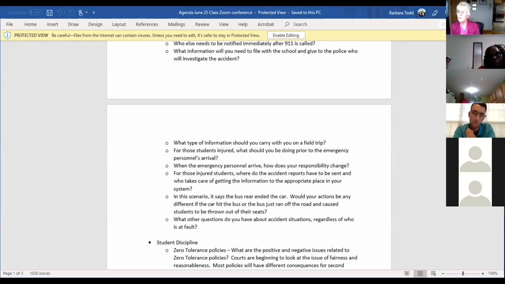Now, if someone is hurt and they have to go to the hospital or they have to go to a doctor, who is it or where is it that those reports go to for payment? I guess at our school, the reports that have to be filed, the school incident report, is usually by the principal's secretary.